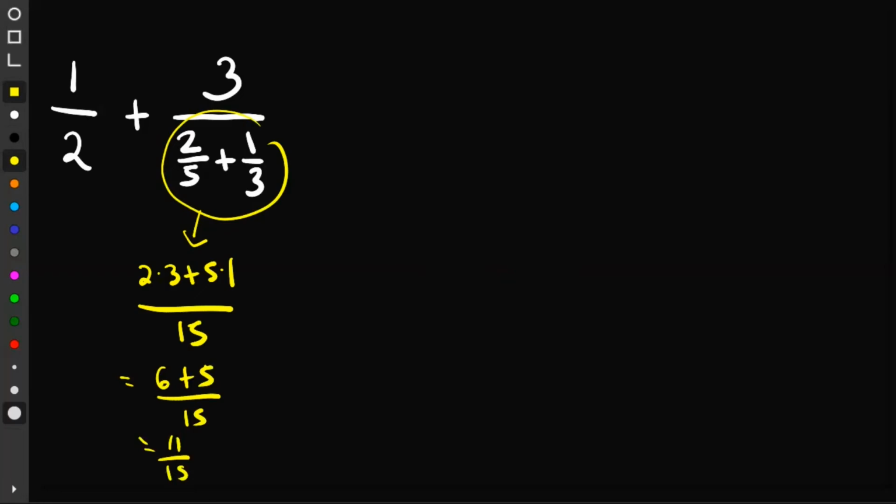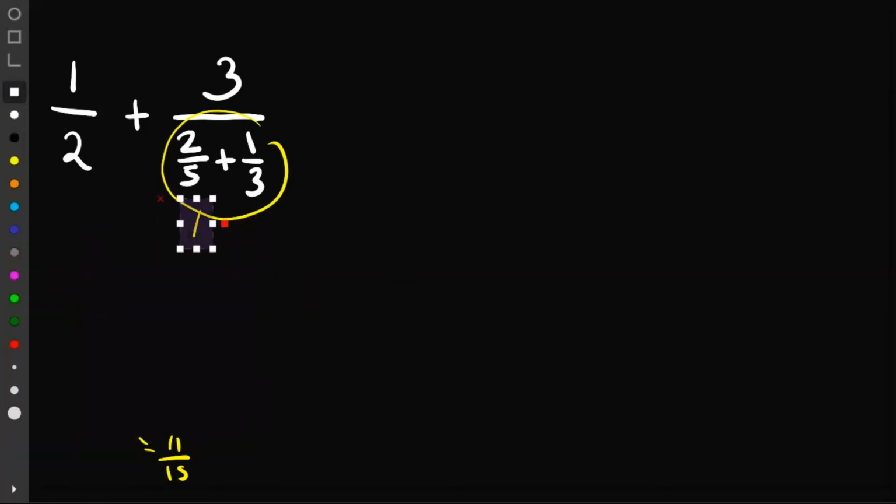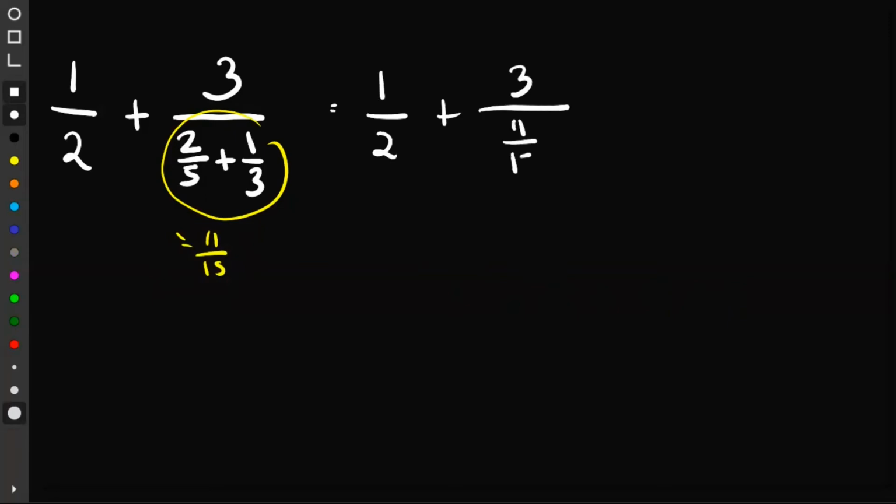Okay, so take note of that. So we can write this as 1/2 plus 3 over 11 over 15. Again, when we're dealing with division of fractions that involves a whole number, we can write the whole number as 3 over 1.